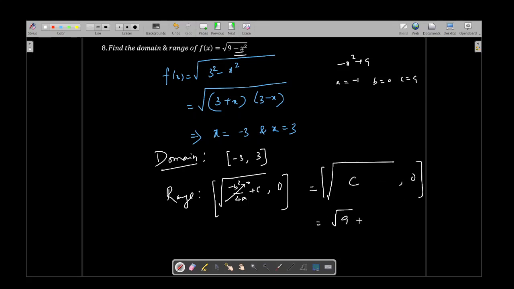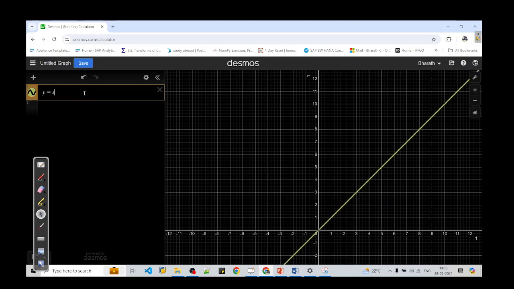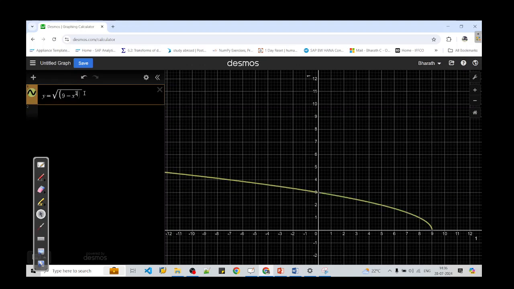Square root of c is square root of 9. So the range is 3 to 0. So let us verify this. Square root of 9 minus x square. So it is 3 to 0.